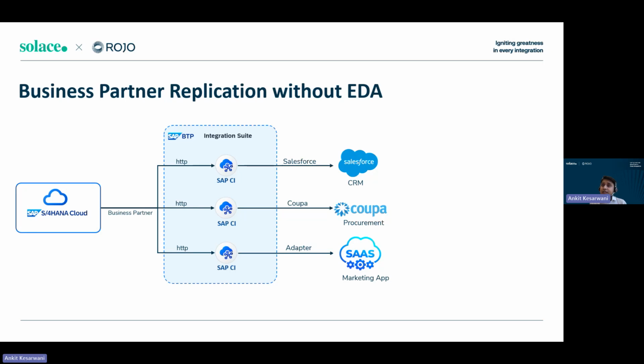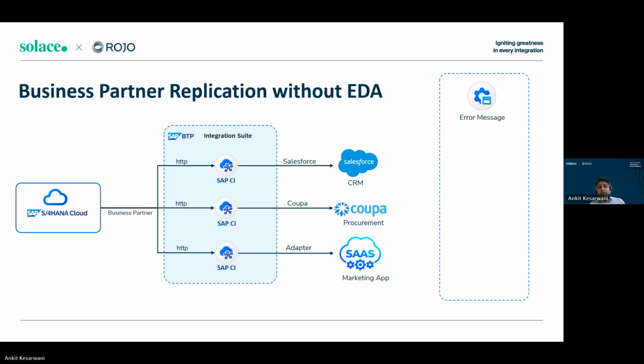If you think of these challenges, the first one will be the error message. In any of these integrations, if there's any error message, what will happen? In CI, we don't have a reprocessing capability, right? So in case of error, we won't be able to reprocess the error if it was because the target system was not available due to some downtime, or some problem with the interface itself.